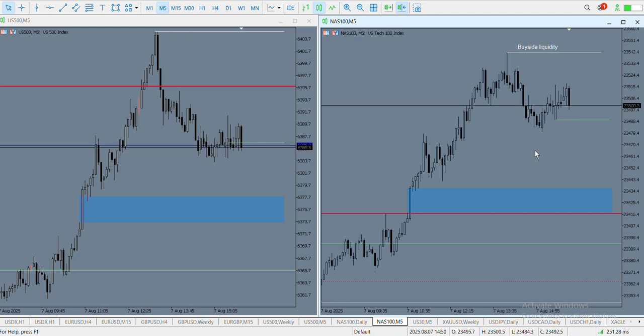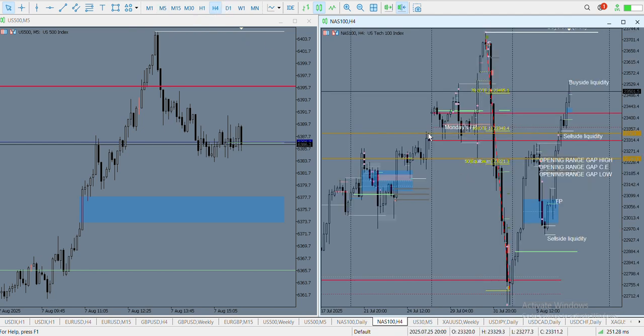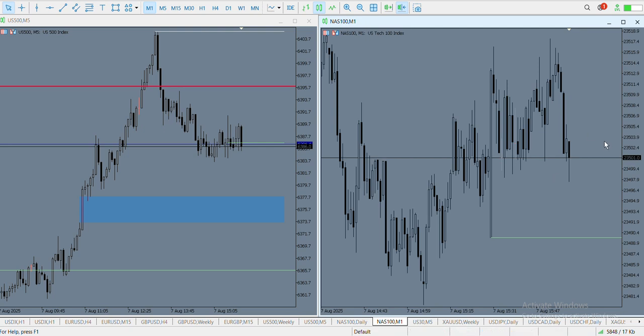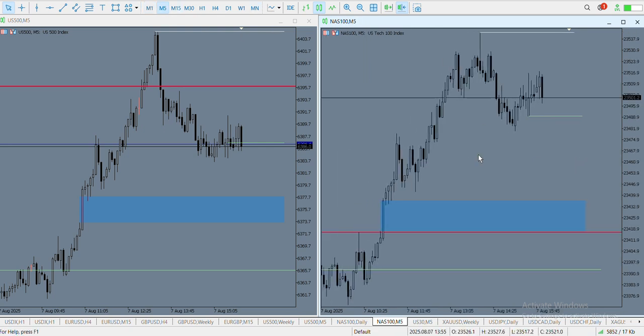NAS 100 was above last week's new week opening gap. I don't really think it has an interest for price to be really bullish. You can see last week's new week opening gap right here. I don't really think NAS 100 has an interest for price to want to reach higher like US 500 does.